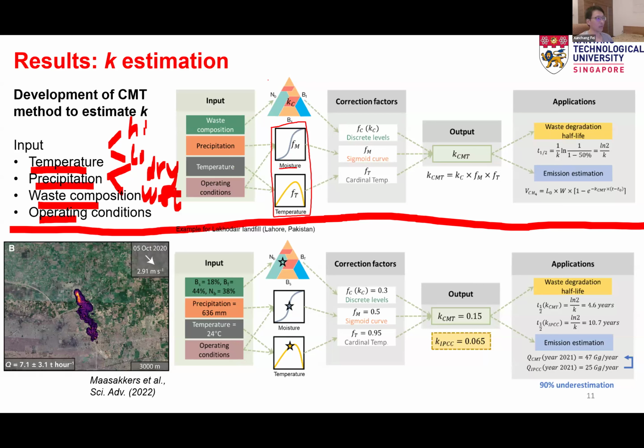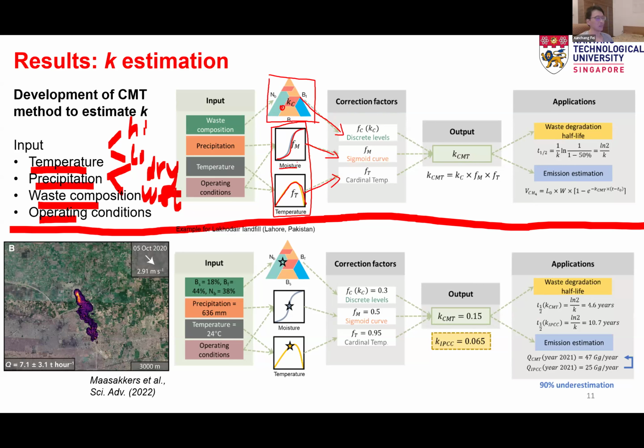But to put it simply now, our approach is first we use this ternary diagram. By the way, the ternary diagram shows us the waste composition. By picking one point from this triangle, we get a K value to start with, and then we use this continuous moisture adjustment function and another continuous temperature adjustment function. From these two continuous functions, we can get two numbers.